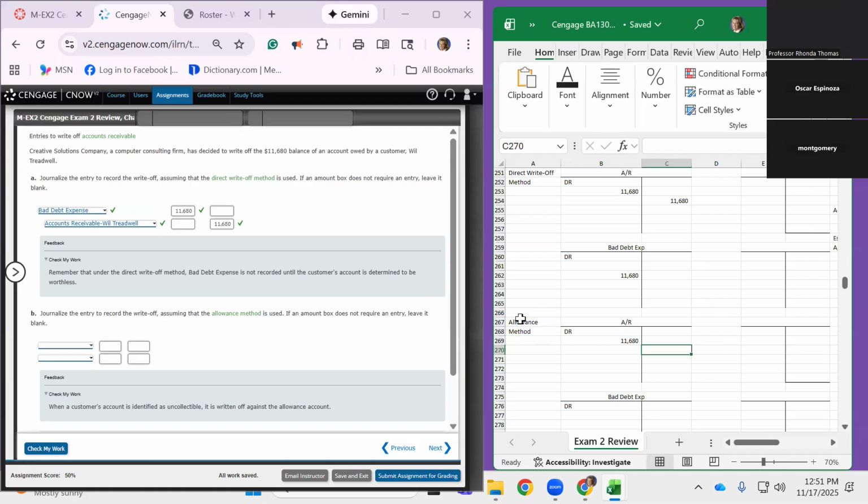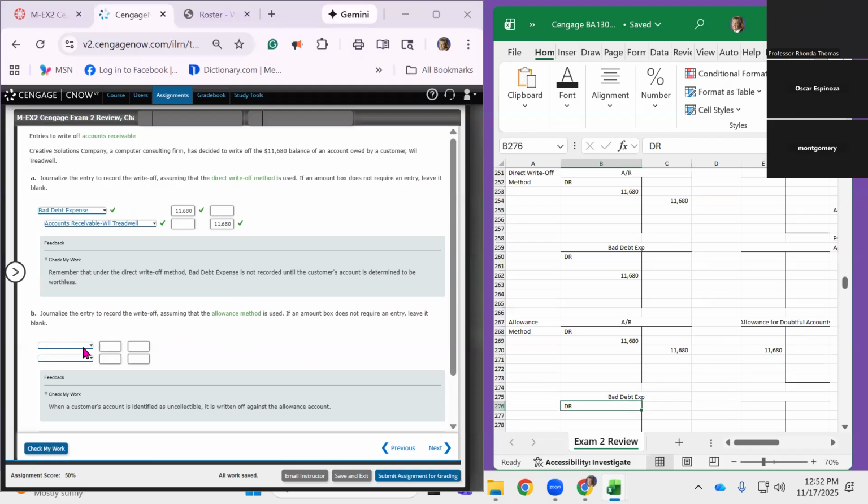They're still going to write it off, but they're going to write it off as a debit to the allowance for doubtful accounts. Okay, allowance for doubtful accounts gets the debit instead of bad debt expense.